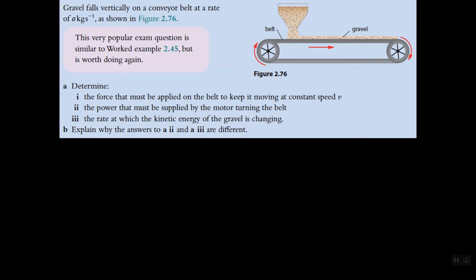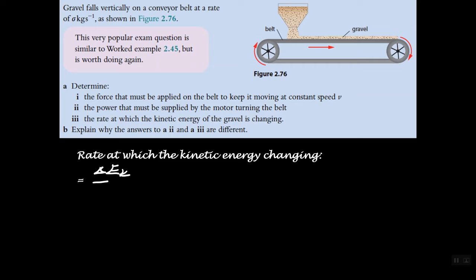A III, the rate at which kinetic energy of the gravel is changing. In 1 second, the mass on the belt increased by sigma, so we utilize the kinetic energy formula. The rate of kinetic energy increase is change in kinetic energy over change in time.